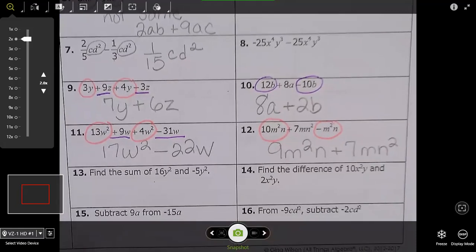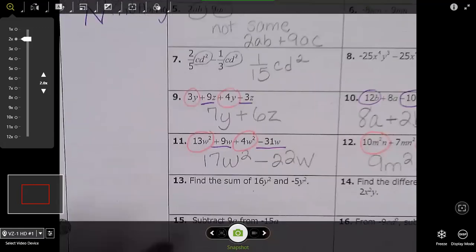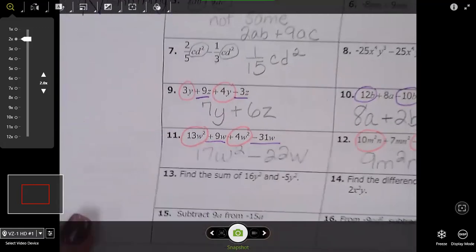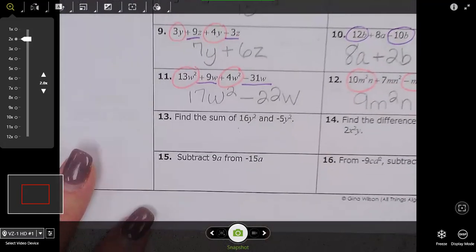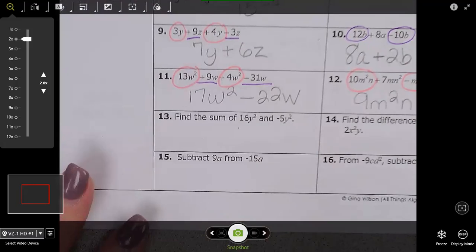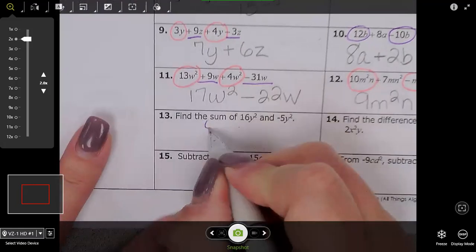Now, here's a little trick, or a tricky one. Okay, and number 13 isn't tricky. It uses the word sum, which, what does sum mean? It's addition, right? I think you said that. All right, so it's addition.